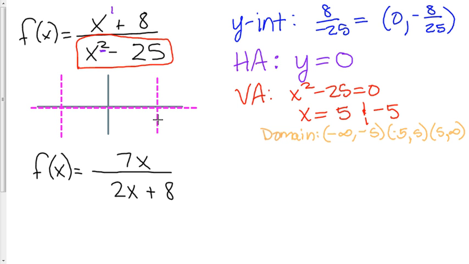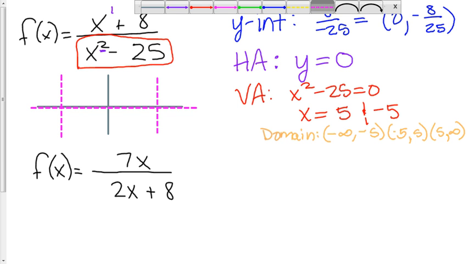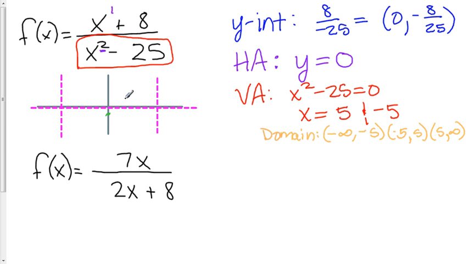And we know it crosses at negative 8/25, which is here. So then the graph probably looks like this. I'm just guessing. Something along that line. And when you draw it, then you could see exactly what it looks like.